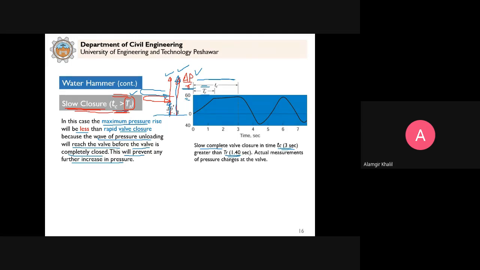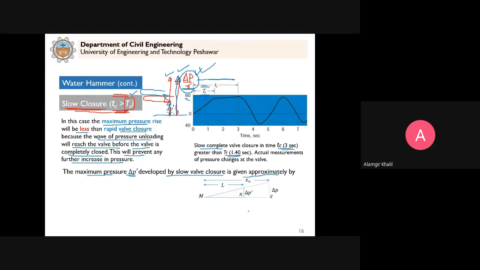So that's why the equation for delta P by gamma that we developed for instantaneous closure and rapid closure cannot apply here. So the maximum pressure, delta P dash, developed by slow valve closure is given by what we say.